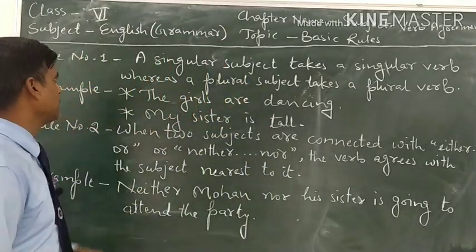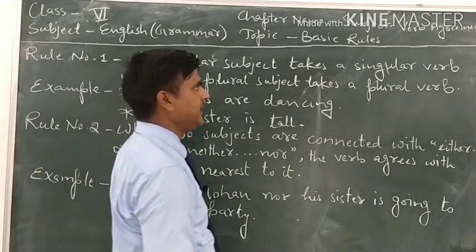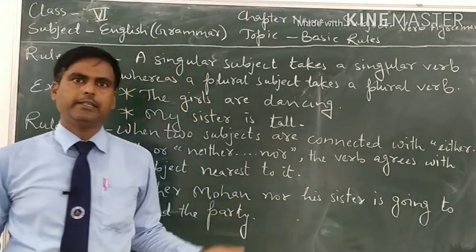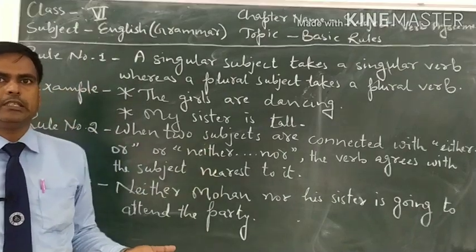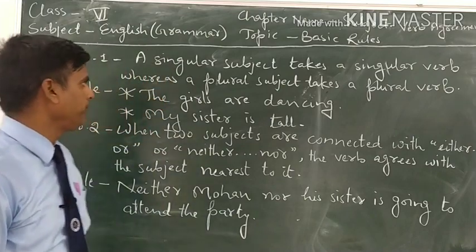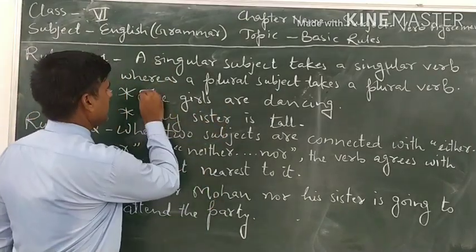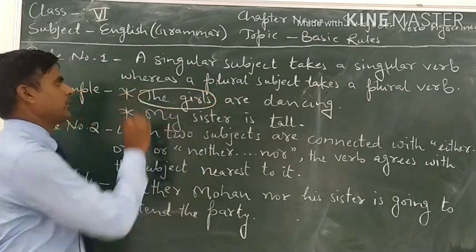Now come to the first rule. The first rule is a singular subject takes a singular verb, whereas a plural subject takes a plural verb. For example, the girls are dancing. Here in this example, we see that the subject is plural, the girls.